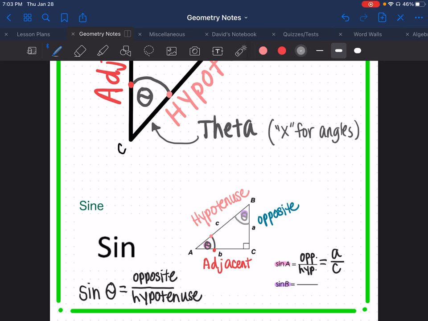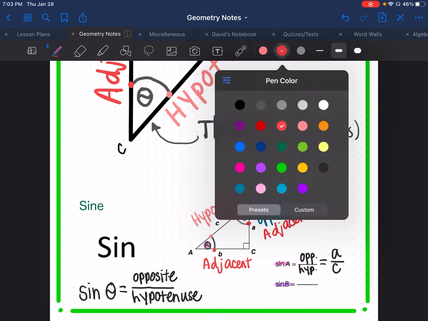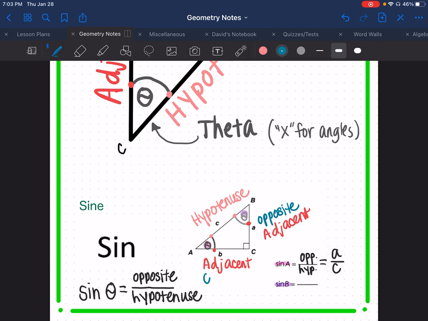Notice when I make my arc mark for this theta, my hypotenuse stays the same, but this now becomes the adjacent side, and then the adjacent would become the opposite. Now, this doesn't make a lot of sense, so I'm going to go back and use my highlighters. This is adjacent to the purple theta, and this is opposite and adjacent to the pink theta.